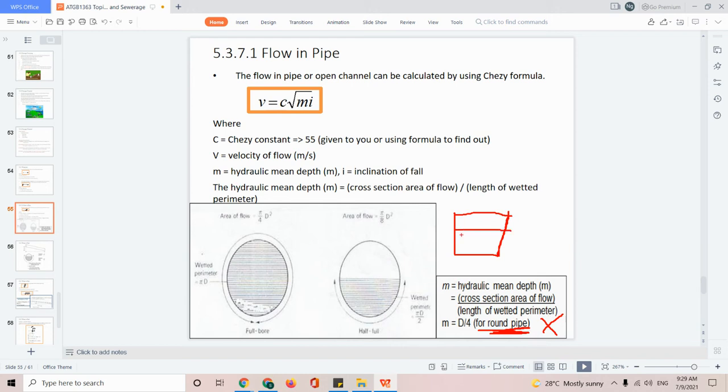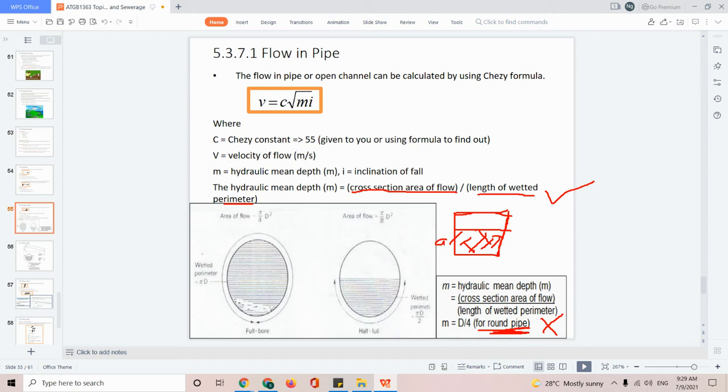So let's say, for example, I'll work it out for you to show you. This pipe is, let's say, only half filled. We can find the hydraulic mean depth of this square pipe using this formula. We know the cross-section area of the flow, and we know the length of the wetted perimeter.